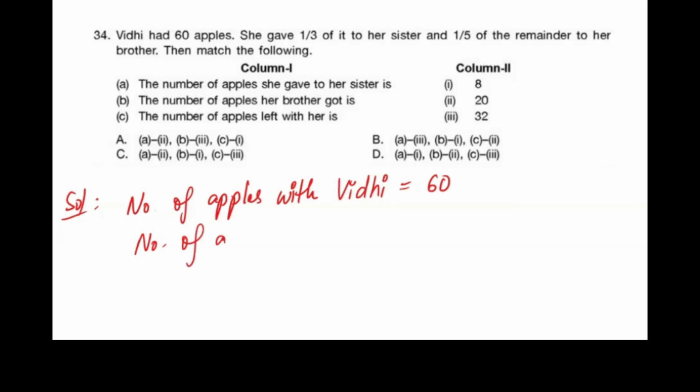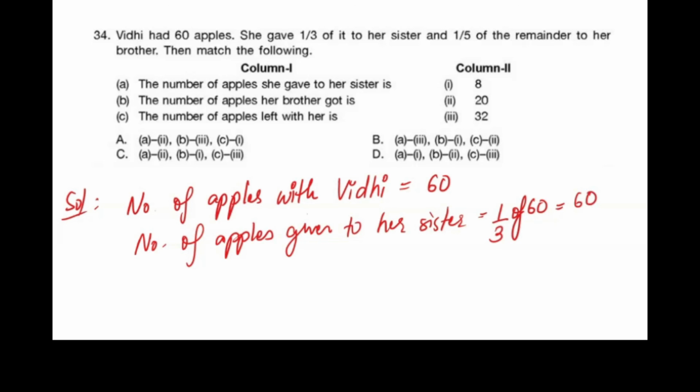Number of apples given to her sister is 1/3 of 60. That means 60 divided by 3 is equal to 20.